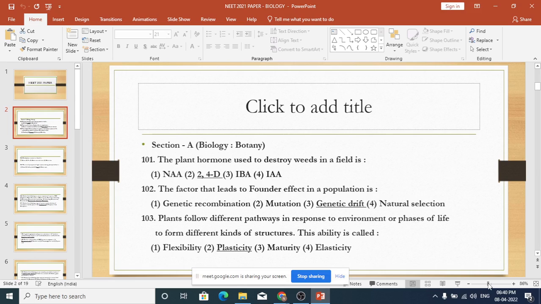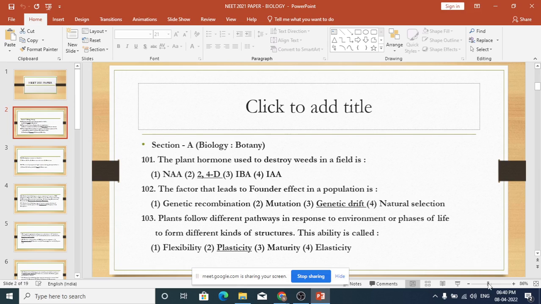Plants follow different pathways in response to environment or phases of life to form different kinds of structures. This ability is called. Is it 11th or 12th? I don't know. 11th, sir. 11th. The answer is plasticity. Is it correct? I don't know, sir.